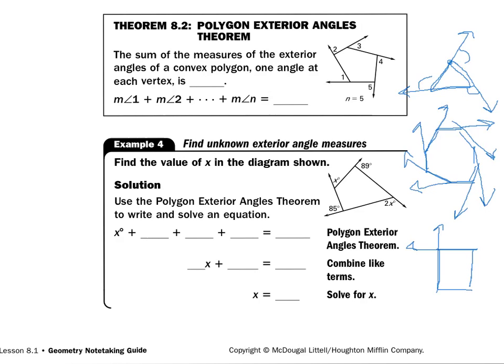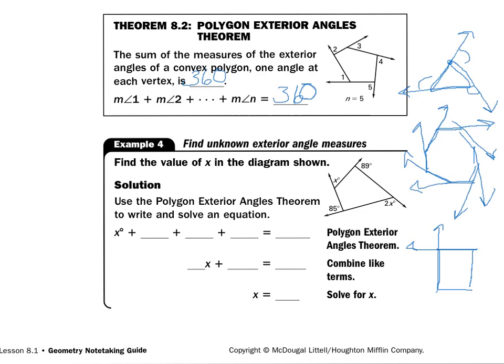Now, this is kind of more fun than the interior angles because these always equal 360. So that's just a nice solid rule, 360. Doesn't matter how many shapes there are or how many sides there are. If it's convex, it always equals 360. So let's look at example 4.